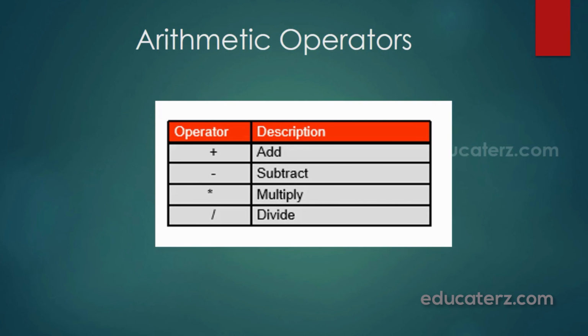The basic arithmetic operators are plus, minus, asterisk or star, and slash. Plus indicates addition, minus indicates subtraction, star or asterisk indicates multiplication, slash is used for division.